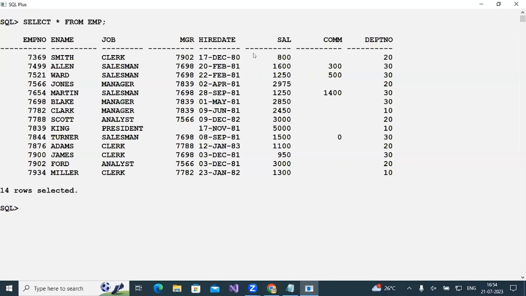So my requirement is the second highest. How to write it now? Any idea? As of now, with the concepts we checked, is there any concept, operator, or function to find out the second highest salary employee details?